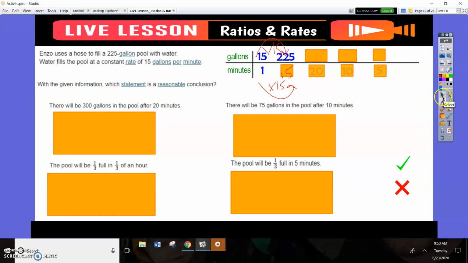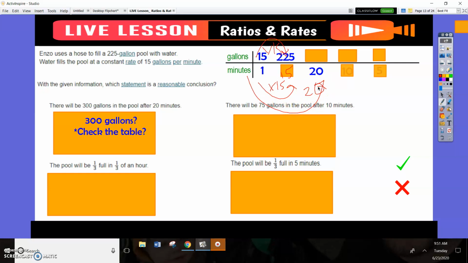Okay, so my first answer choice has me dealing with 20 minutes. And we want to figure out how many gallons are in the pool after 20 minutes. Okay, so I'm going to go back to my original ratio table, and I'm going to look for a relationship that I know. I know that 1 times 20 will give me 20.